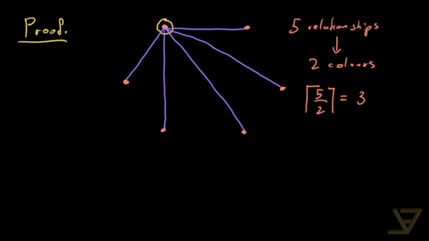So let's say that those 3 are this one, this blue one, this one, and this one. So let's say they're blue just for argument's sake. They could be red.